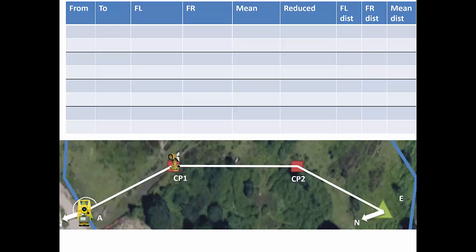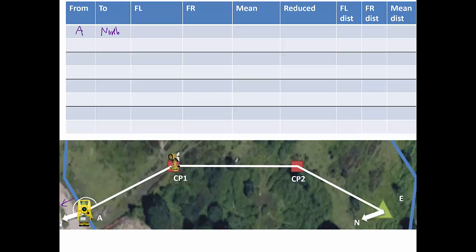Total station is at A. So in the from column, we always have where the total station is. So we're at A and we're looking to north, very first of all. Sitting at A, looking to north.